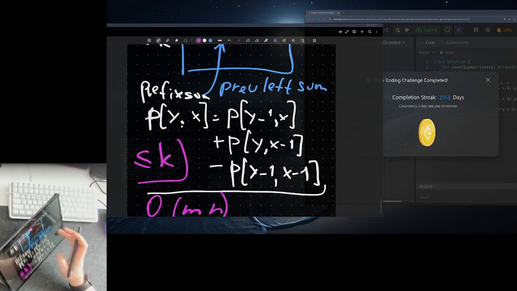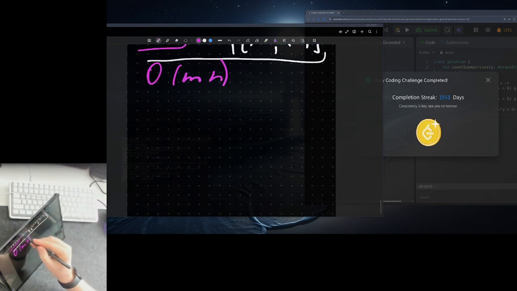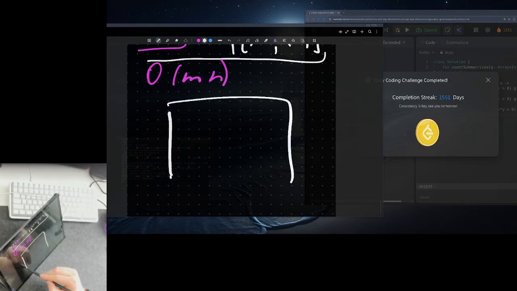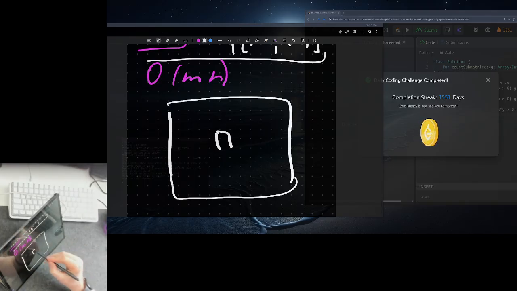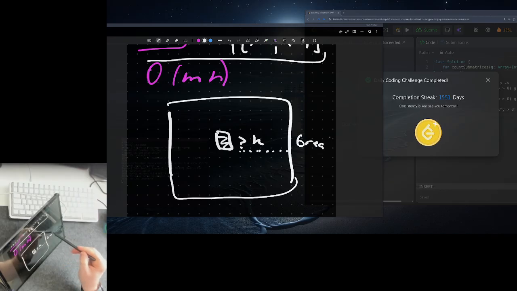However, we can have a little optimization. It is possible. So imagine we have a cell that is known to be bigger than k. All the cells to the right would be like this, and we don't have to inspect them, we can just break. And also the coordinate is the limit, and we can update it for the next row.